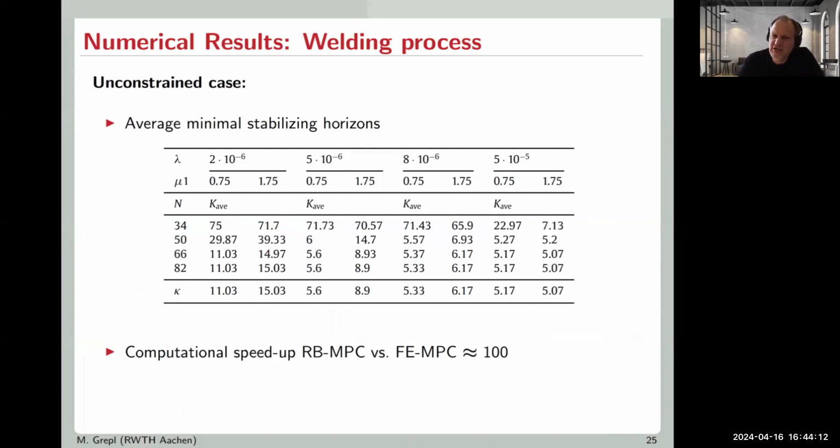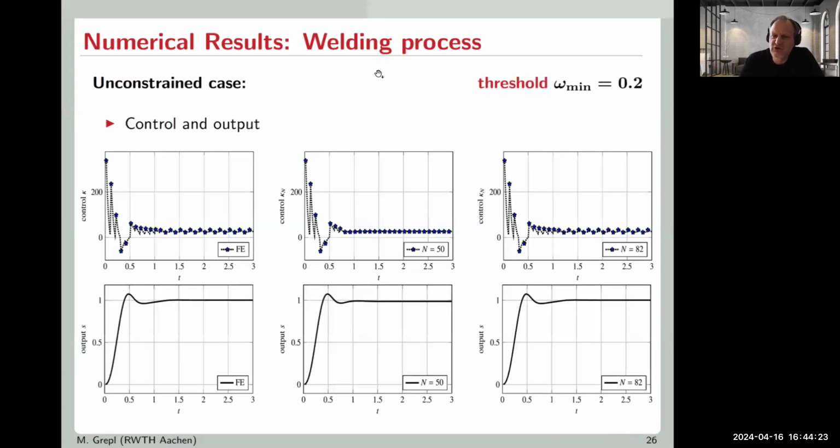I said before that if omega is close to 1, you're close to the optimal feedback. So you can also introduce a so-called threshold on omega. Instead of just requiring omega to be greater than 0, you can require omega to be, for example, greater than 0.2, which brings your RB MPC feedback law closer to the optimal one.